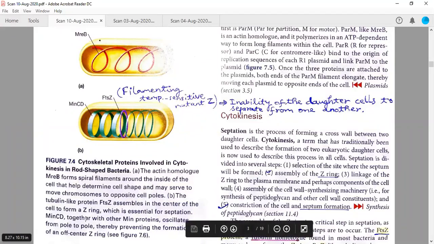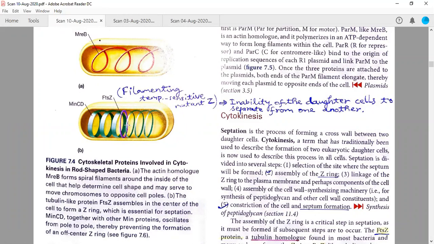You can try this when you have a big vessel or container filled with water. If you oscillate or rotate your hand, a loop-like structure will form in the center. Fine. So a similar thing is happening here. When it is oscillating, it will not allow the polymerization of FtsZ at the poles, so that only in the center can this protein polymerize.